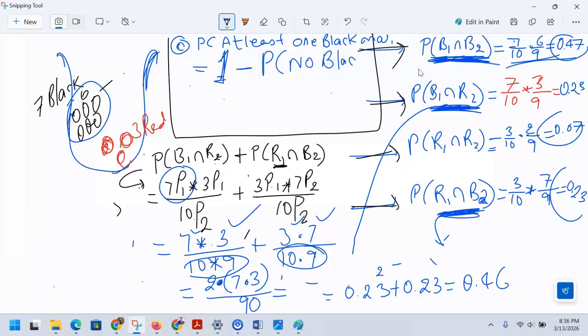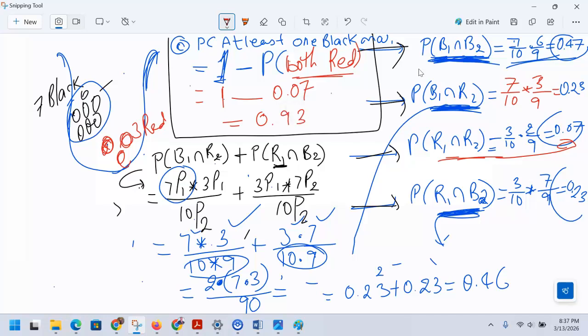No black basically means both red. So this will be one minus both red. So this is 0.07, which gives 0.93. You get the answer.